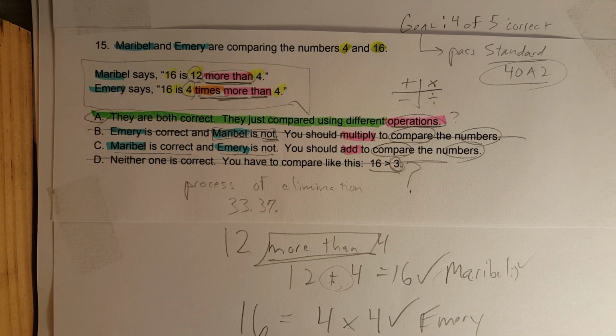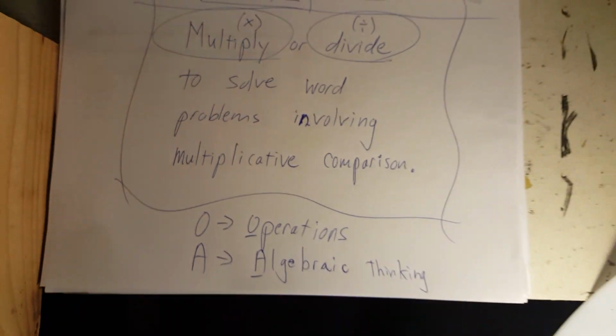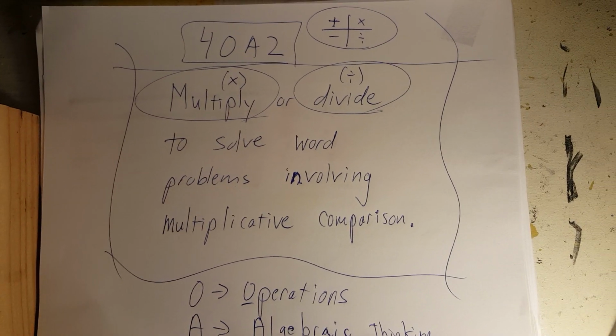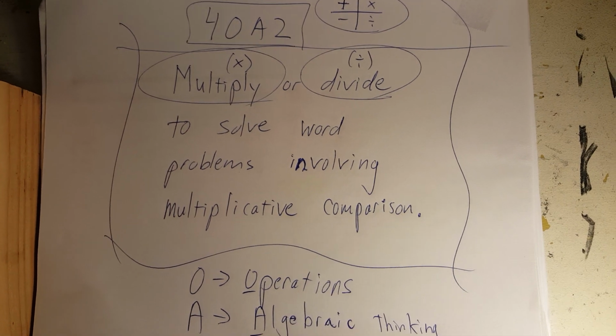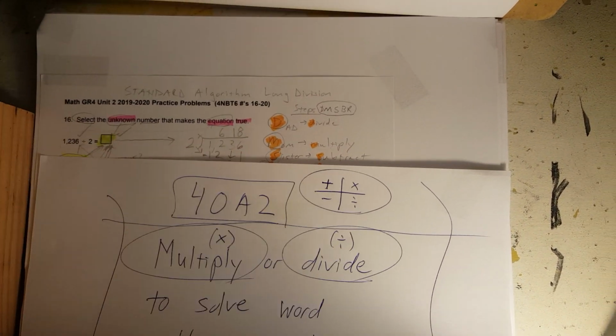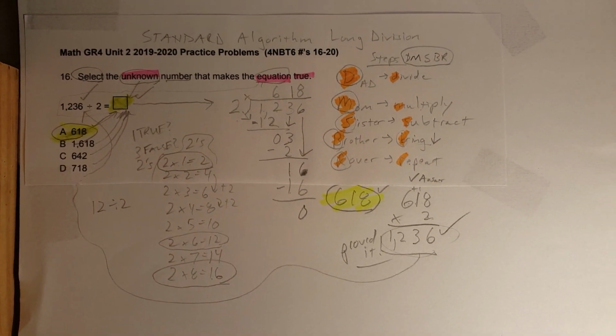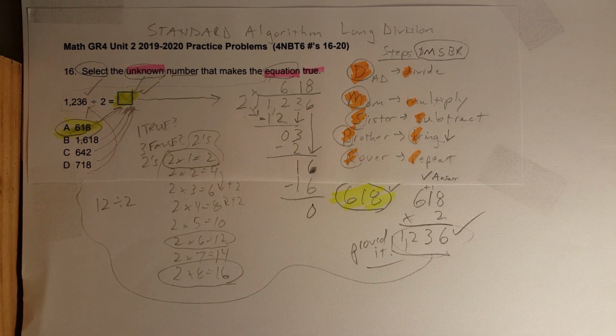At 5 minutes. Next one, we have 4OA2, multiply or divide to solve word problems involving multiplicative comparison. Oh, wait. Here's number 16.